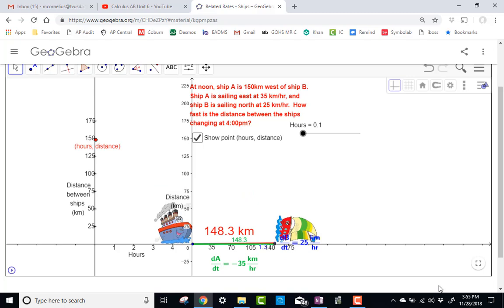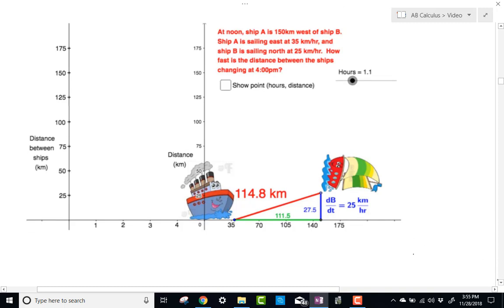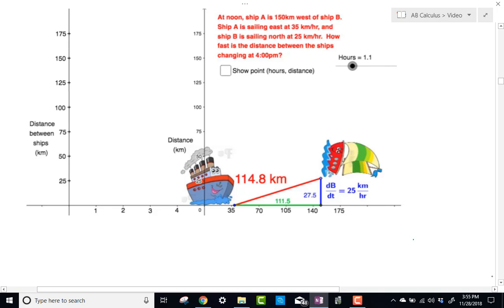All right? So our goal here is to figure out how fast is the distance between the ships changing at 4 p.m. Okay? So at 4 p.m. All right. So before I go too far, I need to write down some given information here. Okay? So I'm going to have to do a different triangle here on this one maybe, just because the numbers on there might get a little confusing.